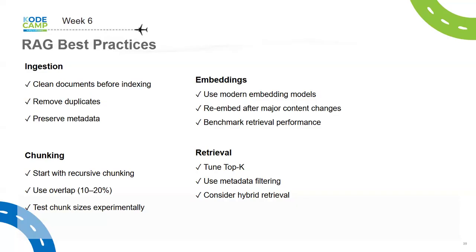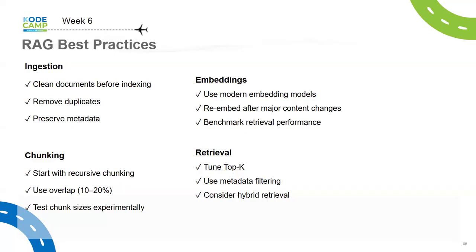Then, when it gets to chunking, always start with recursive chunking, because recursive chunking is very flexible and can handle almost any kind of data or document content. You may only go to other specialized types of chunking if recursive won't work. For example, if you have a lot of images, then you have to come up with a different strategy.